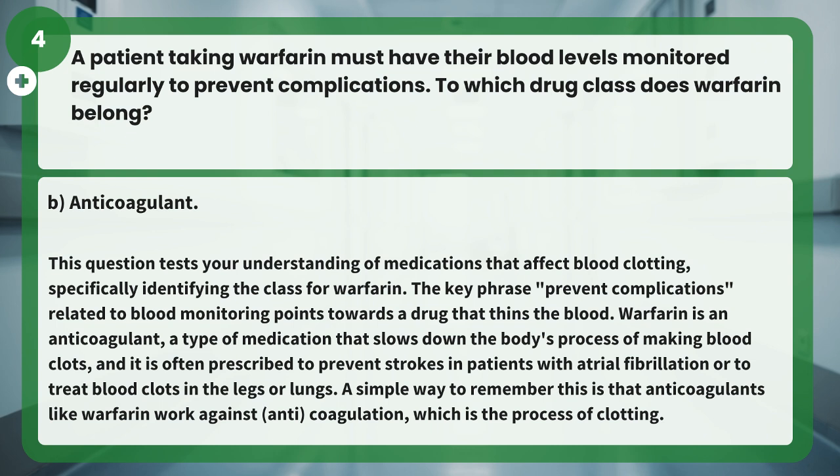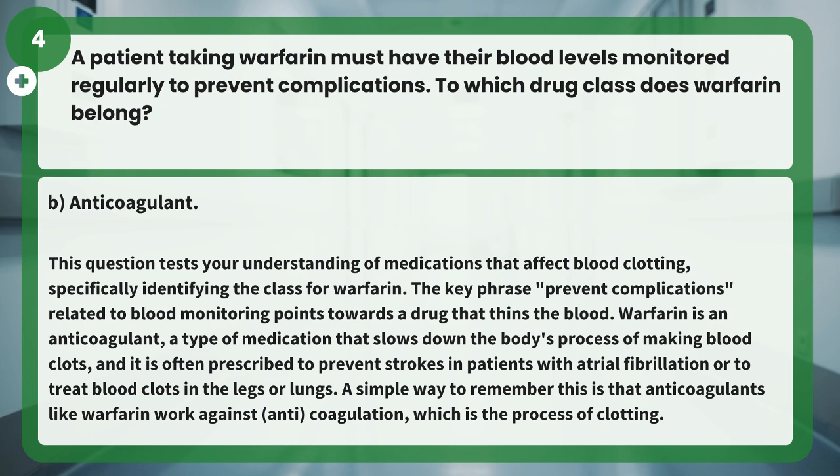Answer: B. Anticoagulant. This question tests your understanding of medications that affect blood clotting, specifically identifying the class for warfarin. The key phrase "prevent complications" related to blood monitoring points towards a drug that thins the blood.